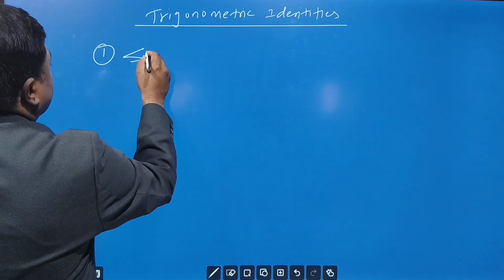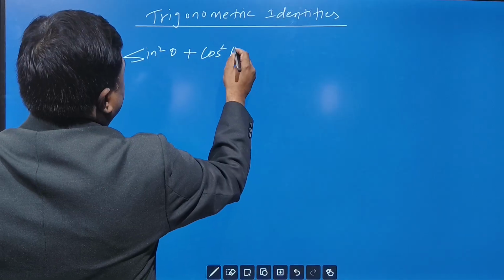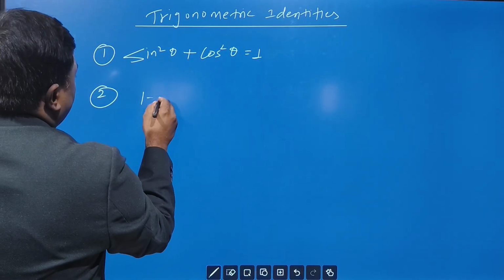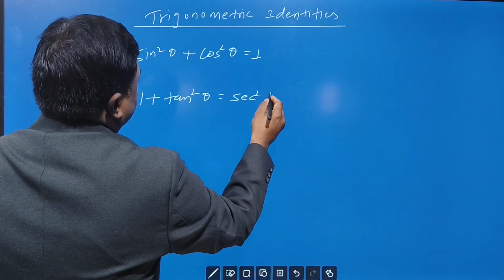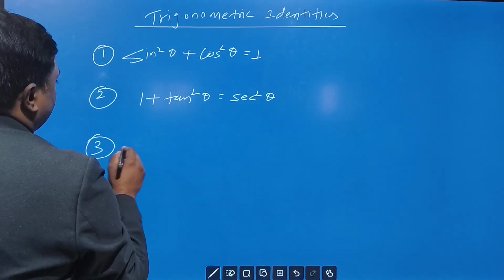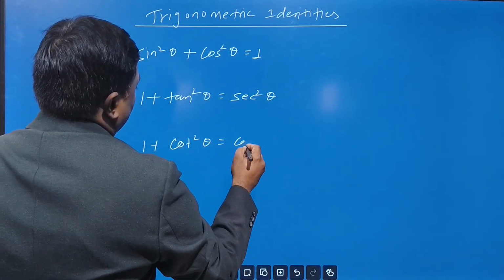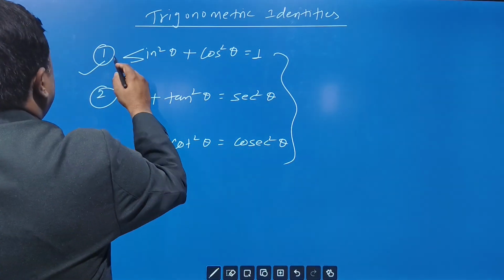First one is sin square theta plus cos square theta is equal to 1. Second identity is 1 plus tan square theta is secant square theta. And third identity is 1 plus cot square theta is equal to cosecant square theta. So these are the 3 main identities.